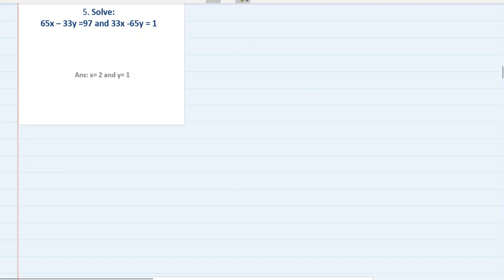Now what? See, here, see the pattern. What is the coefficient of x in the first equation? 65. What is the coefficient of x in the second equation? 33. Okay, no big deal.